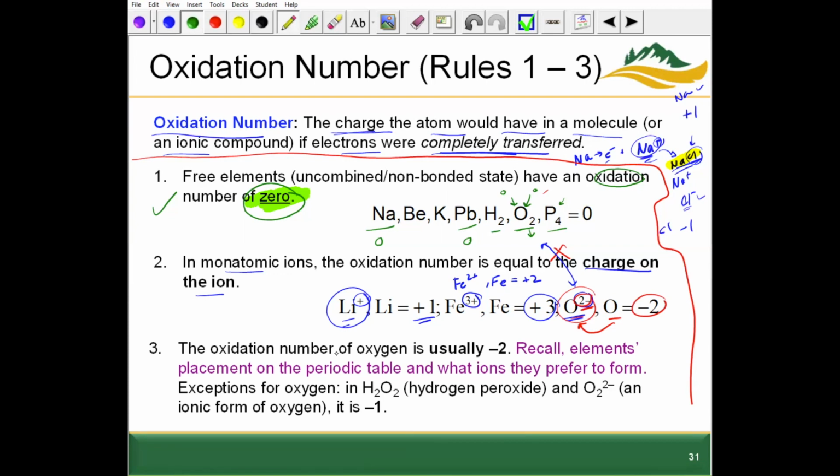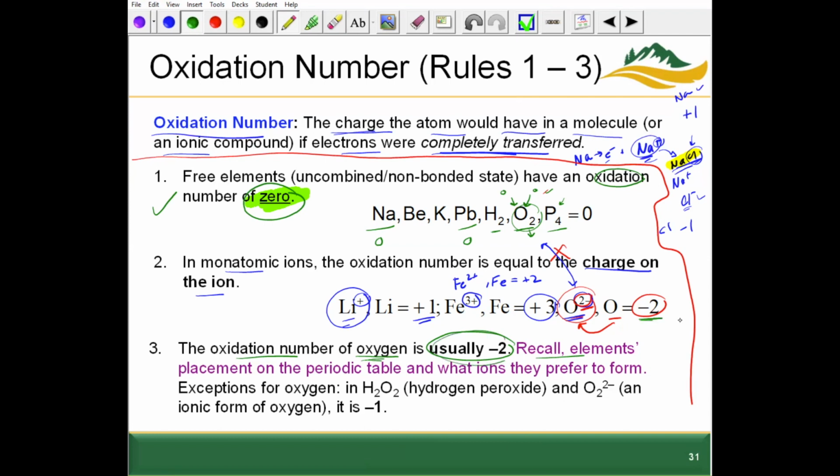Rule number 3, the oxidation number of oxygen is usually -2. So recall oxygen's placement on the periodic table. The exception to keep in mind with oxygen is, of course, neutral oxygen or diatomic oxygen, where the oxidation number is 0. But for oxygen within an ionic compound or within a molecule, it's usually -2.